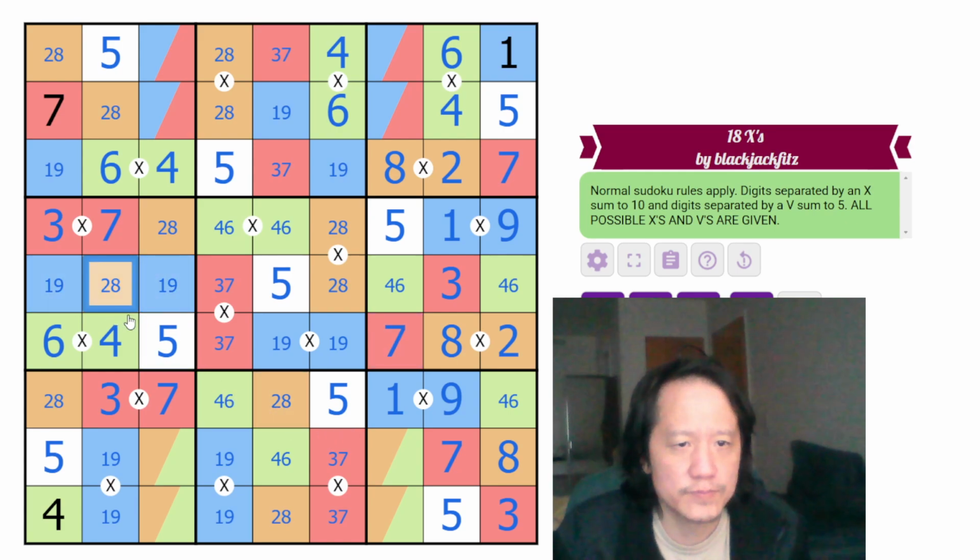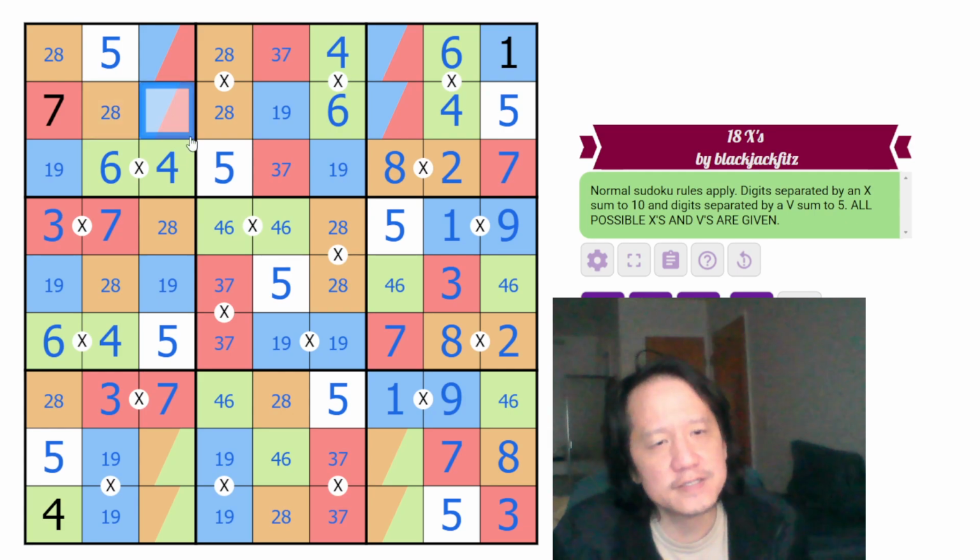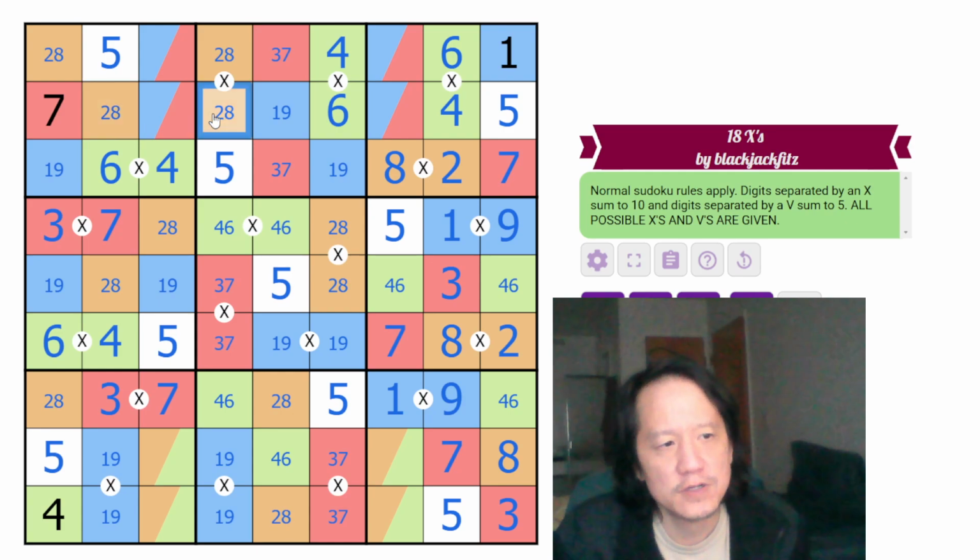Okay. Let's see. This cell sees both of the orange cells. Therefore, it must be next to a 2.